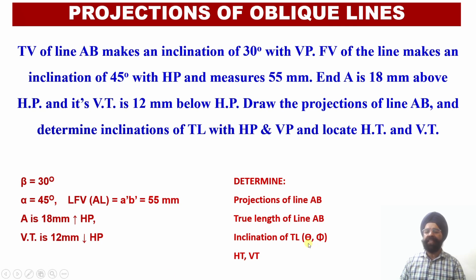That is, the angles theta and phi need to be determined. And finally, the horizontal trace as well as the vertical trace of the line should be located onto the projections of this oblique line.